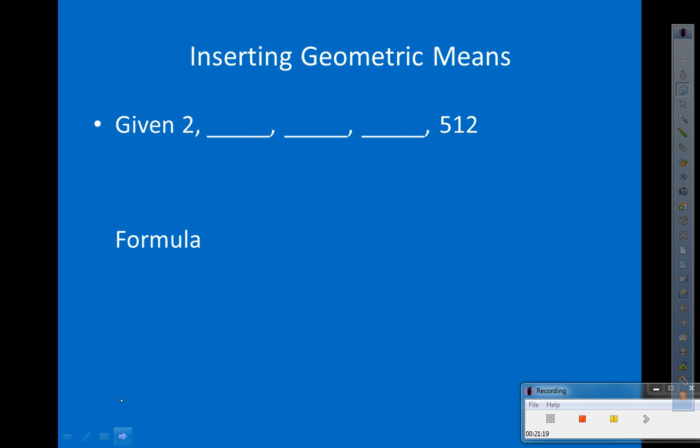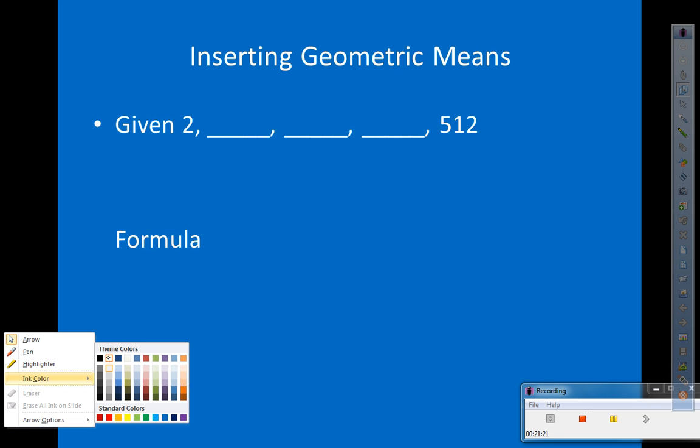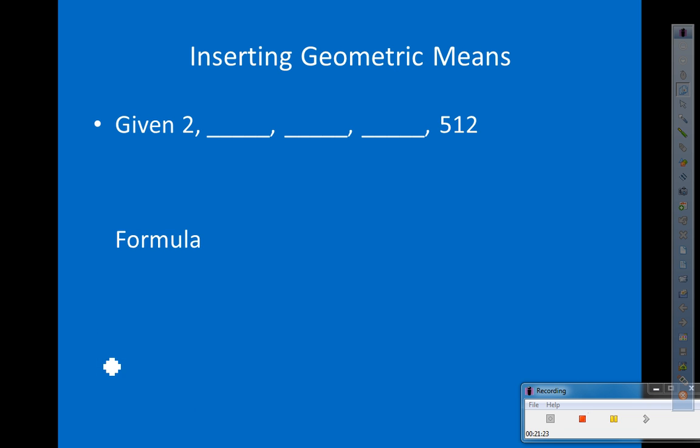I'm going to go ahead and show you how to do this. We've done some similar to these. So write this down while I blab just a little bit. We've done some very, very similar to this, but the ones we've done earlier were inserting arithmetic means.